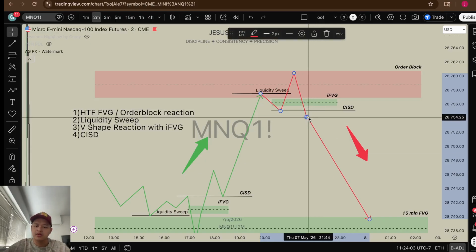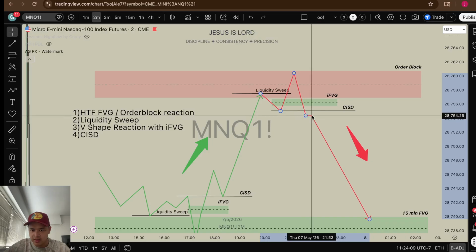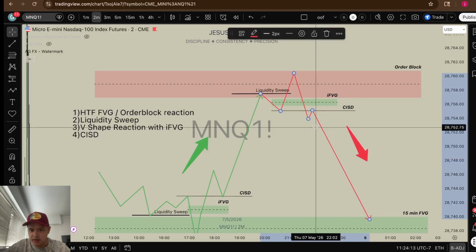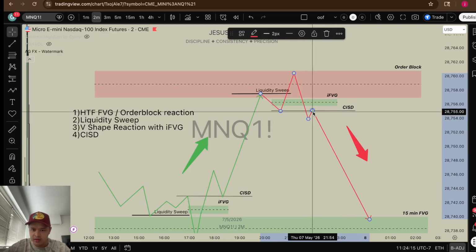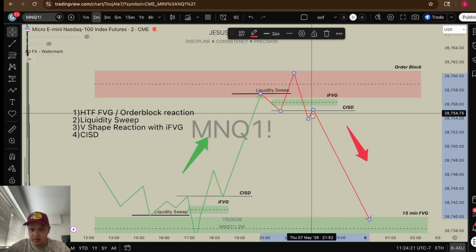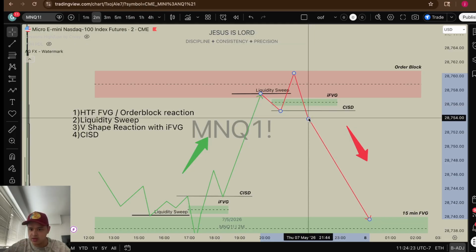It happens. But most of the time, I noticed it retests the change in the state and then continues. Or it doesn't retest at all and just drops completely down and we miss a trade, and that's completely okay.